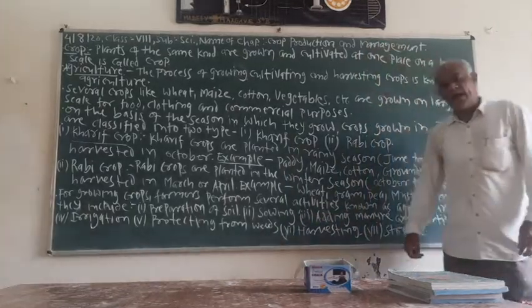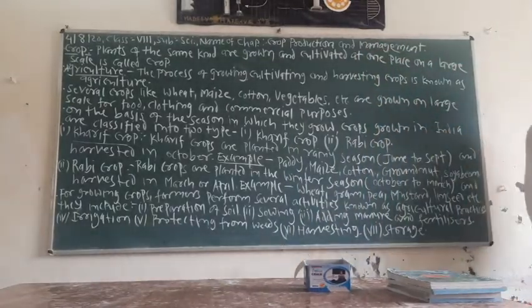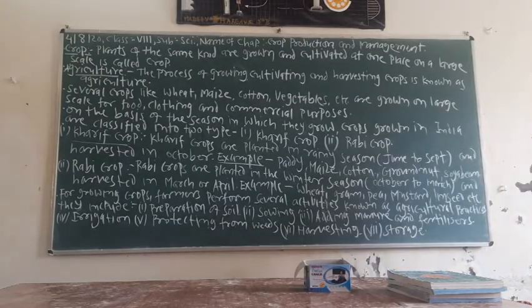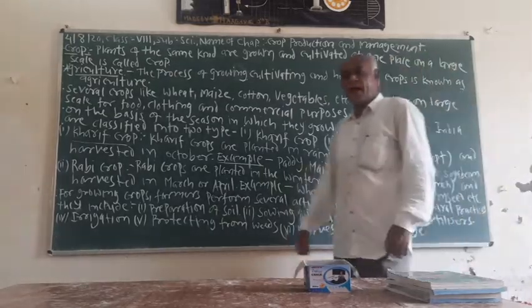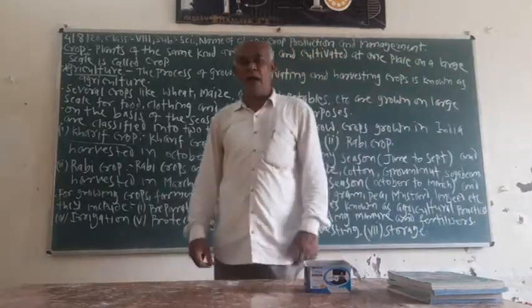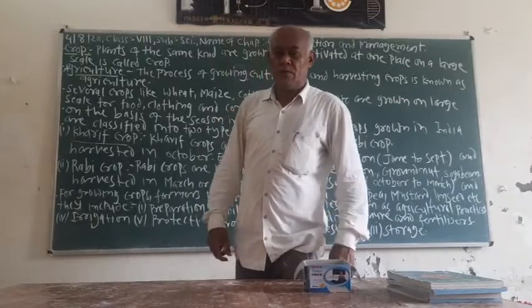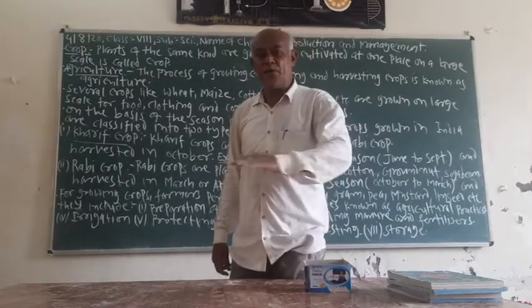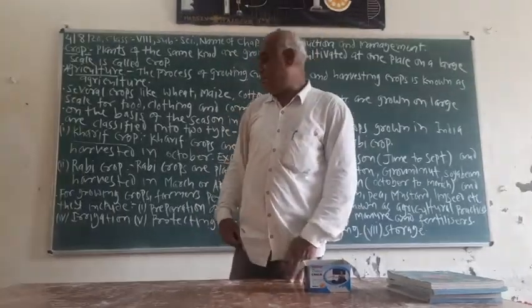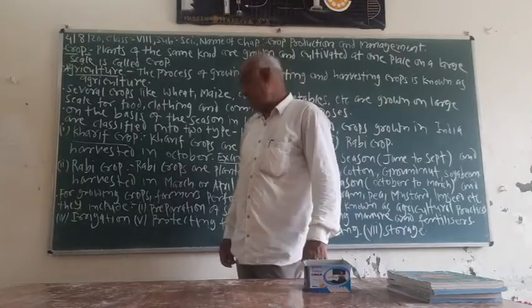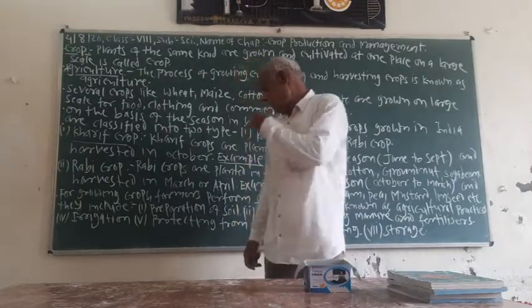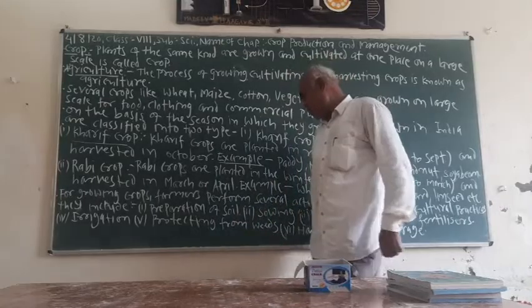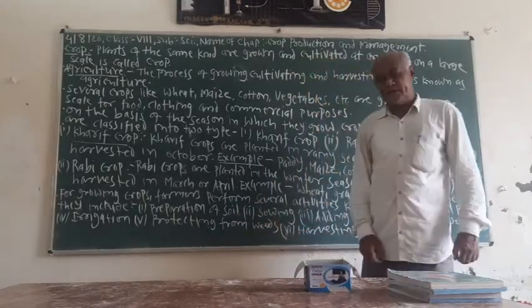Next, they add manure and fertilizer in the field. Next, they irrigate, that is, they regularly supply water to the crop plants for their growth and development. They protect the crop plants from weeds.